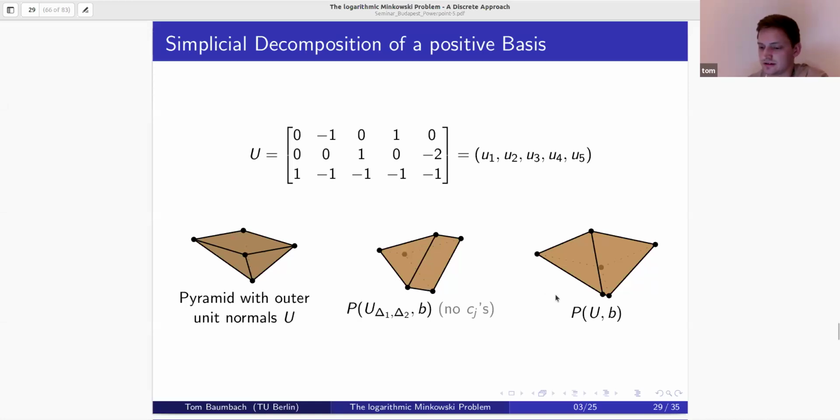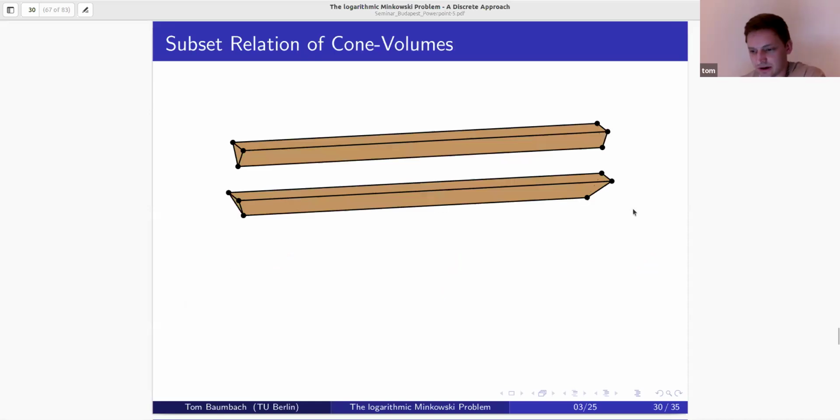If we consider the polytope with the same right-hand side b, but now we do not forget about the shift vectors, so we consider the set U, then we have this polytope on the right-hand side, which is not really nicely orthogonal; we cannot really picture it. However, if we stretch out these polytopes and make them super thin, they will converge in the Hausdorff metric.